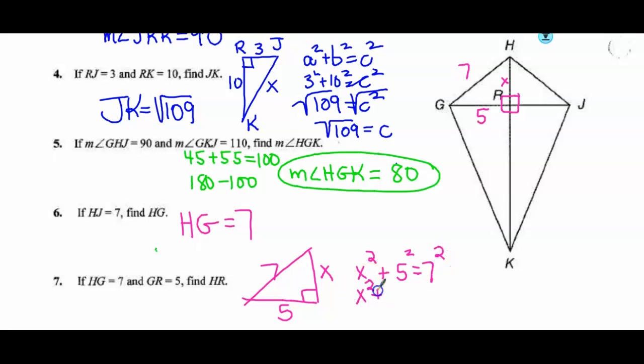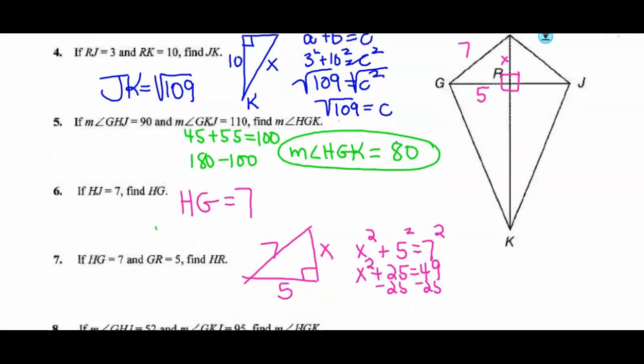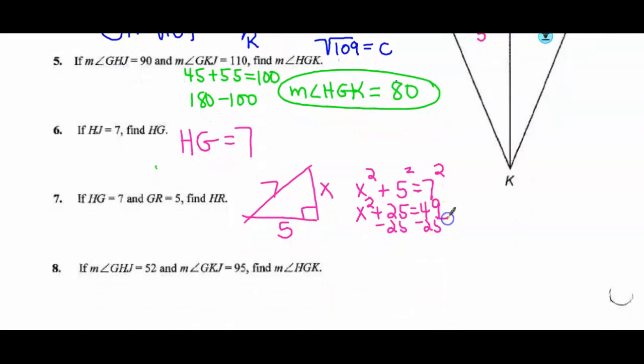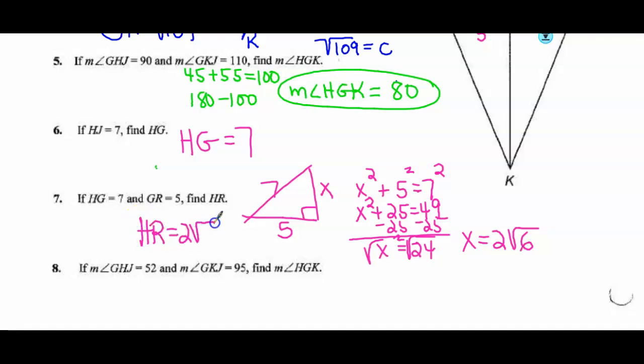X squared plus 25 is 49. Minus 25 on both sides. X squared is 24. Square root, there is a perfect square in 24, which is 4. So that turns into x is 2 square root of 6. So HR equals 2 square root of 6.